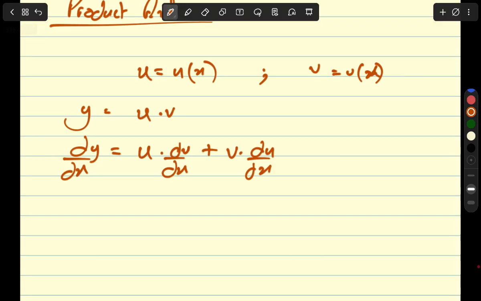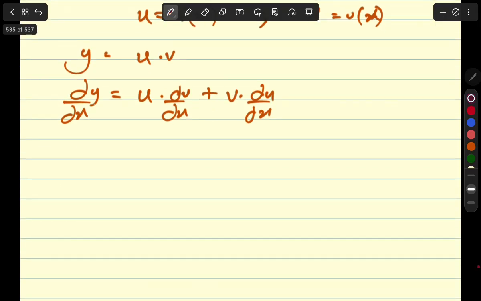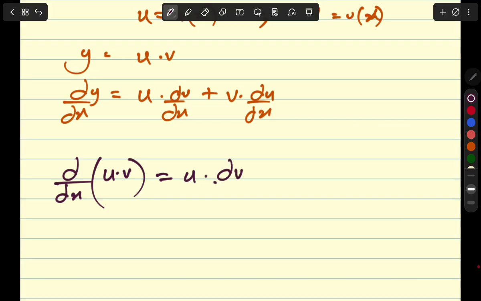So now let's rearrange it. So we can move one term. Let me first of all change the color in order to create some distinctions. This y may be written as u times v. So d upon dx of u times v is the same as u dv by dx plus v du by dx.